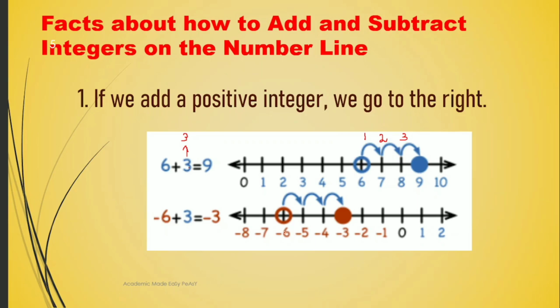So for -6, I will first point out -6 over here, and right from here, what is the number that I have? 3, right? That is plus 3, so I'm moving towards my right. 1, 2, and 3. If I jump 3 places, I will reach -3. This is my answer.